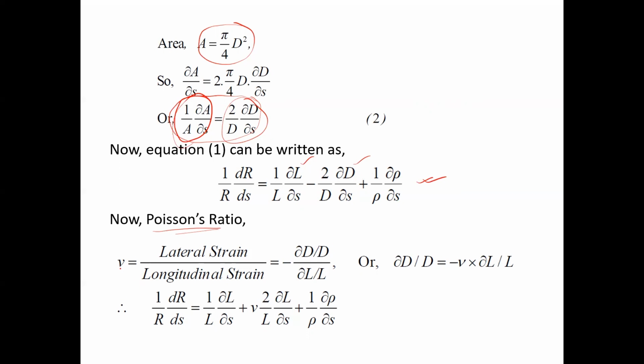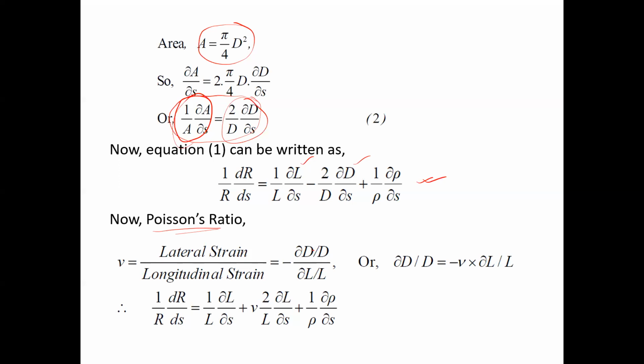The Poisson's ratio is defined as the ratio between the lateral strain and longitudinal strain. So you can easily say that it is a dimensionless quantity, because similar units are there on both the numerator and the denominator.